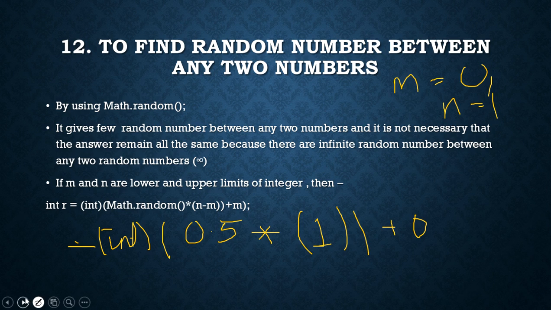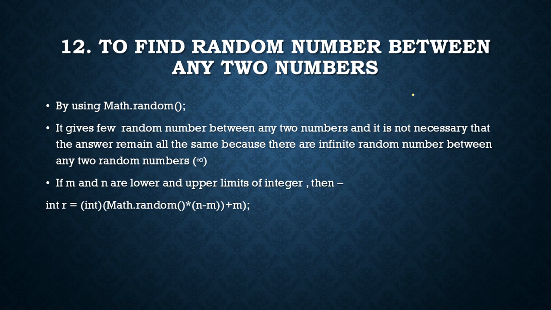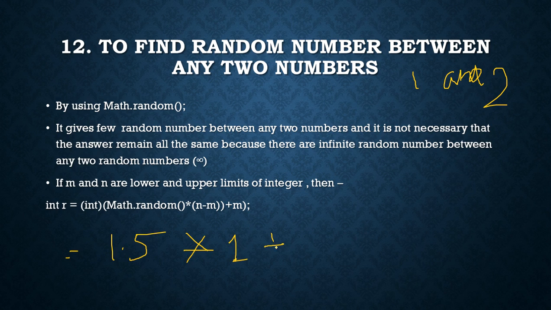Let me take another number, between 1 and 2. A random number between 1 and 2, that is 1.5. 1.5 times n minus m, that is 2 minus 1, which is 1, plus m.